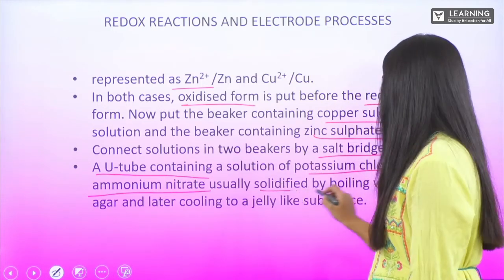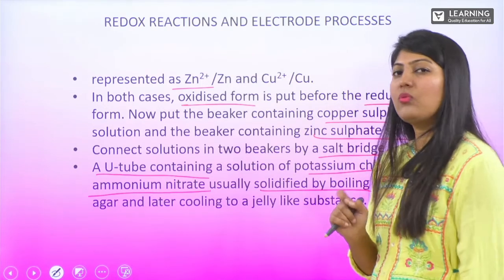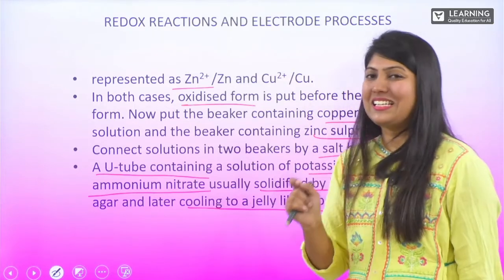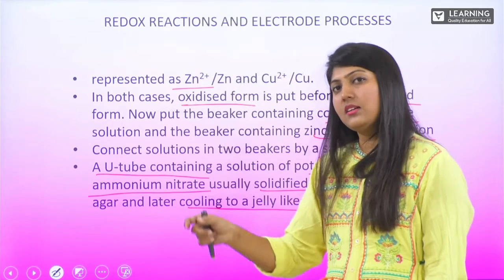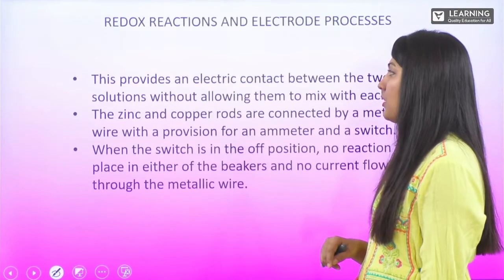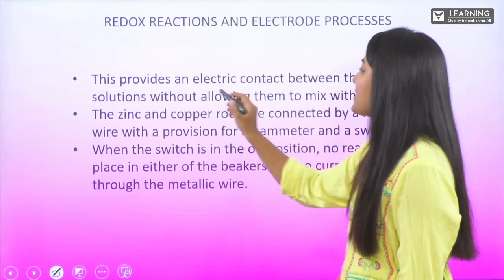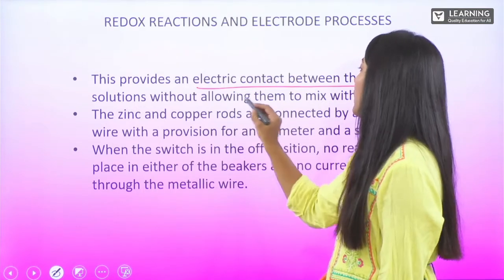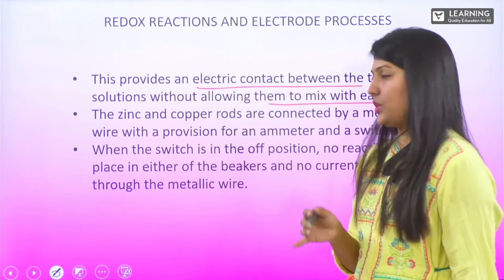It is solidified by boiling with agar-agar medium, which is then cooled, and we get a jelly-like structure which is used inside the salt bridge. This provides the electric contact between two half cells without allowing them to mix with each other.